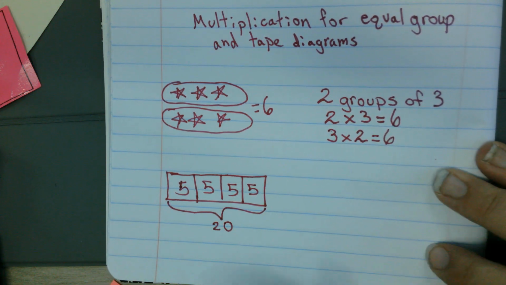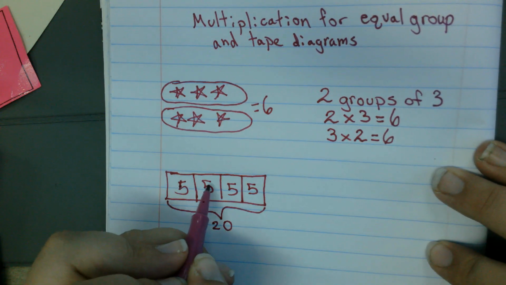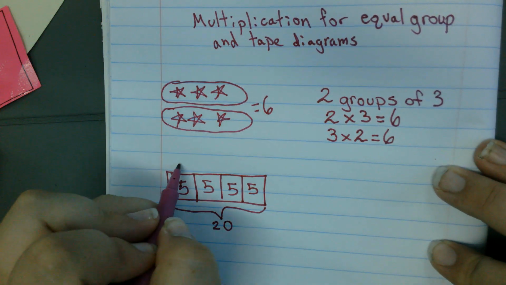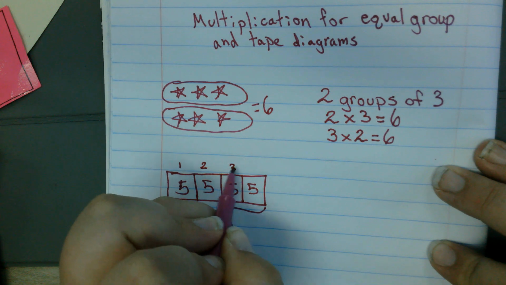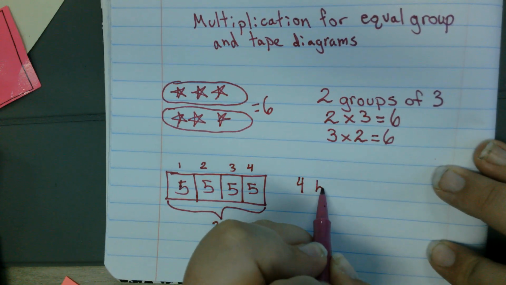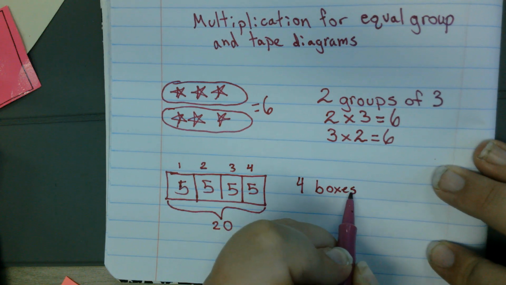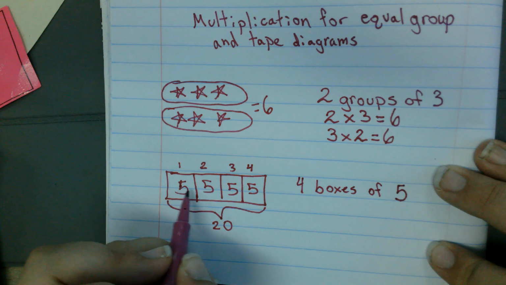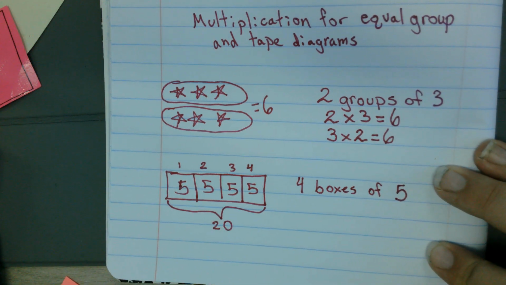So the first thing they do is they figure out how many boxes they have in their tape diagram. 1, 2, 3, 4 boxes. So this tape diagram has 4 boxes of 5, because there's a 5 in each box.